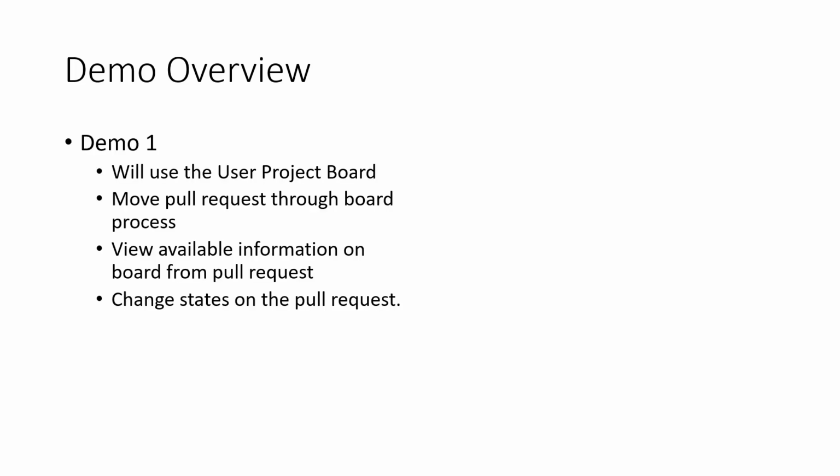In the first demo, I'm going to use the user project board and repository I created in earlier videos of this series. I've already added a pull request to this project board. Now I'm going to move this pull request through the board process and see how that works. I'm also going to see what information on the pull request I can modify, as well as see how changing the state on a pull request impacts the board.